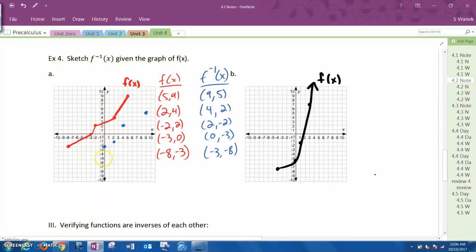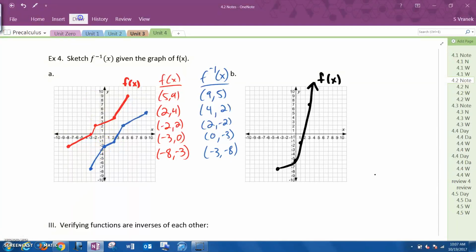That's why I'm saying going this way it doesn't match up with the numbers. Negative 3, 1, 2, 3, 4, 5, 6, 7, 8. Okay, so those are my new dots. If I connect the dots with straight lines, I should have the graph of the inverse.